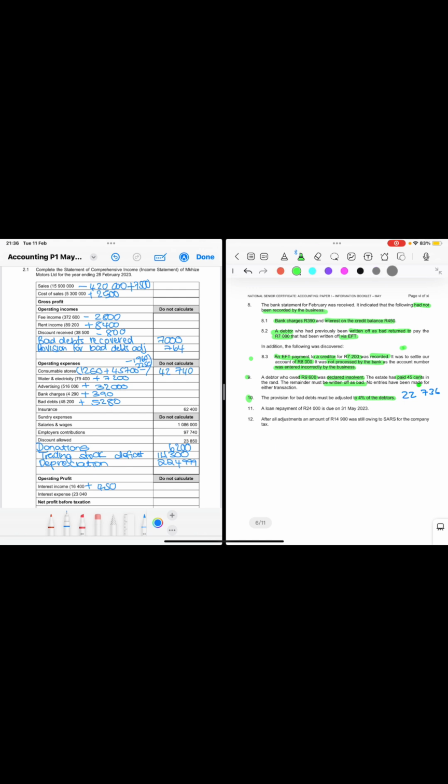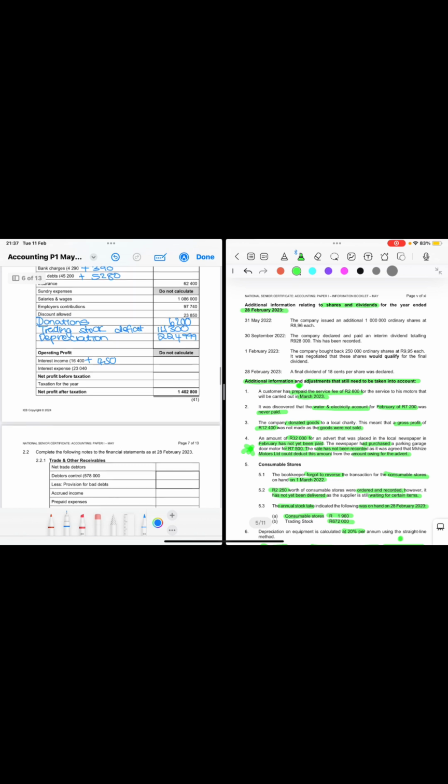Next up, a loan repayment of 24,000 is due on the 31st of May 2023. Okay, that won't be affecting our SCI. After all adjustments, an amount of 4,900 is still owing to SARS for the company tax. Okay, so that's for our taxation.